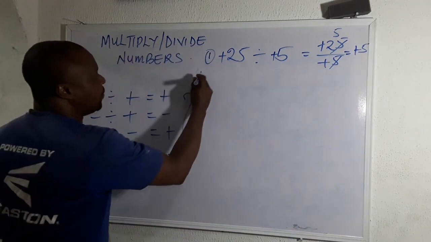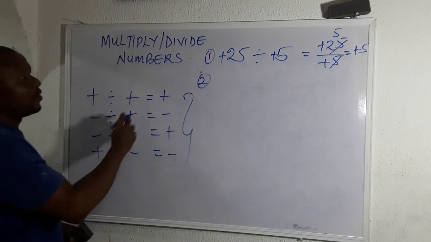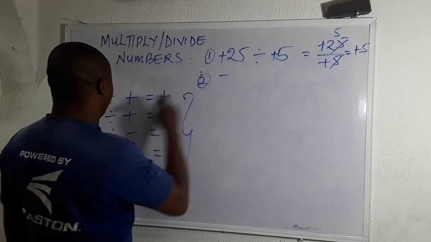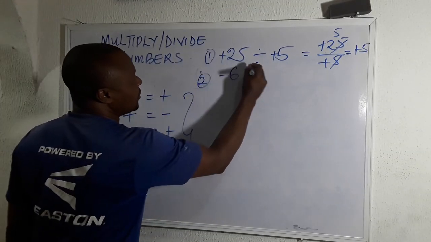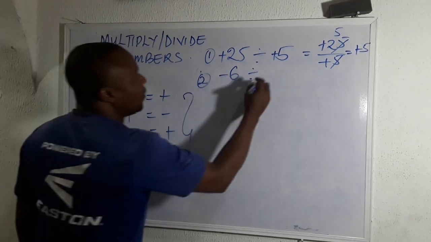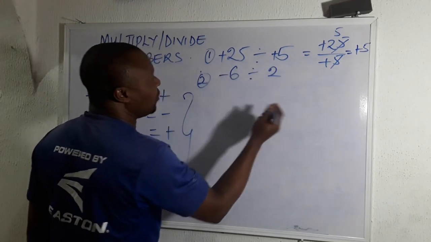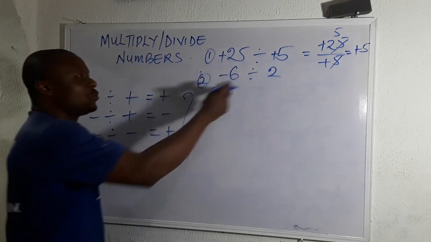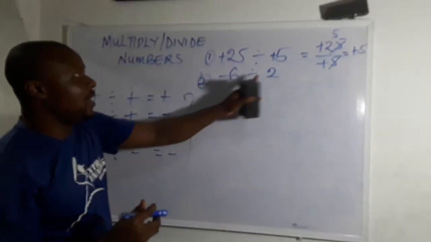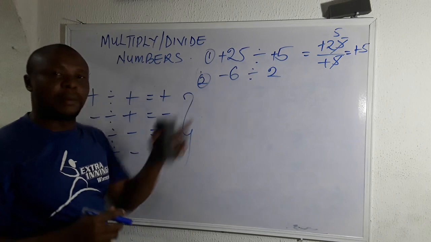Now another example for the second case scenario, we can have minus 6, for instance, divide by let's say 2 for convenience. Now this 2, though no sign is behind it here, we know that it is what? Positive.